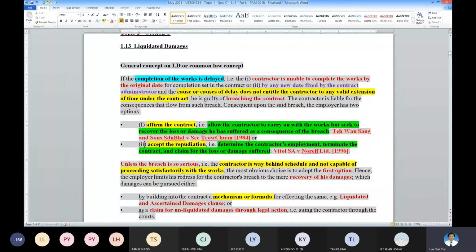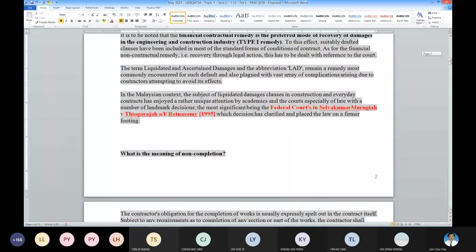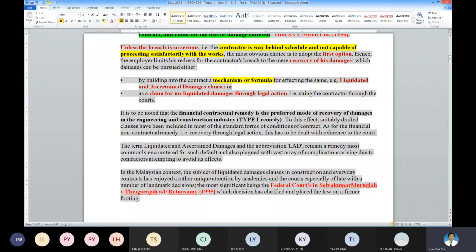So what is the meaning of liquidated damages? LD or LAD. In our PEM it is LD, but others are using LAD.